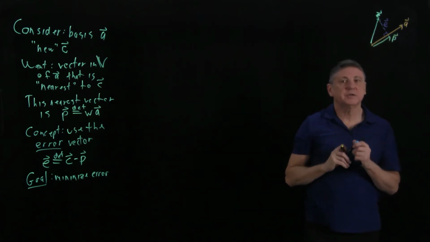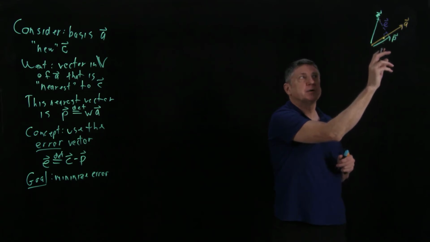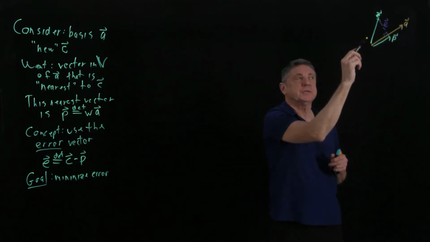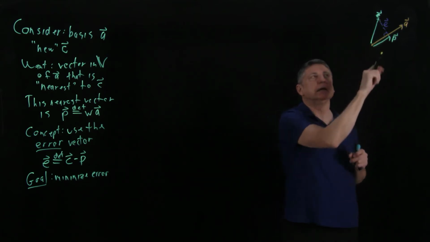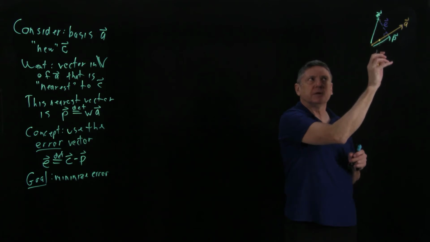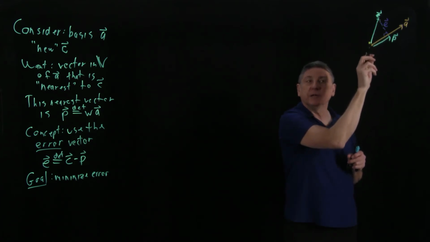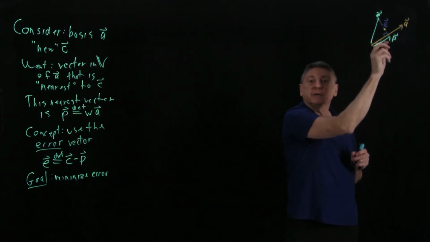So these are the constraints that we have. We're given a basis vector A and a new vector C. And what we want to do is minimize E. Now, you can see that if we move this from the perpendicular, if we move it inward, the magnitude of E will be greater. And if we move E outward, the magnitude of E will be greater.